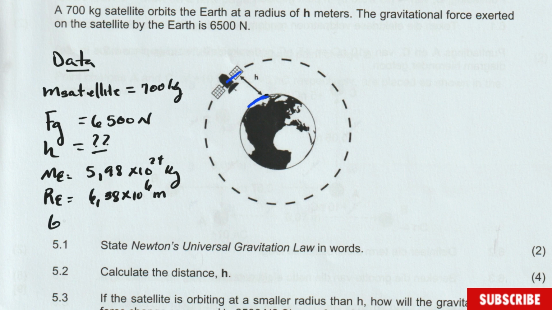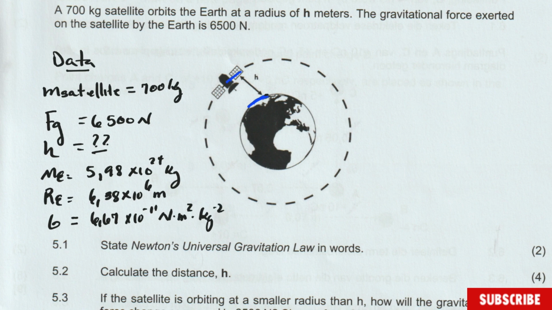And the last data we have is capital G, the universal gravitational constant, which is equal to 6,67 times 10 to the minus 11 Newton meter square per kilogram square. Okay, so this is the data we have.